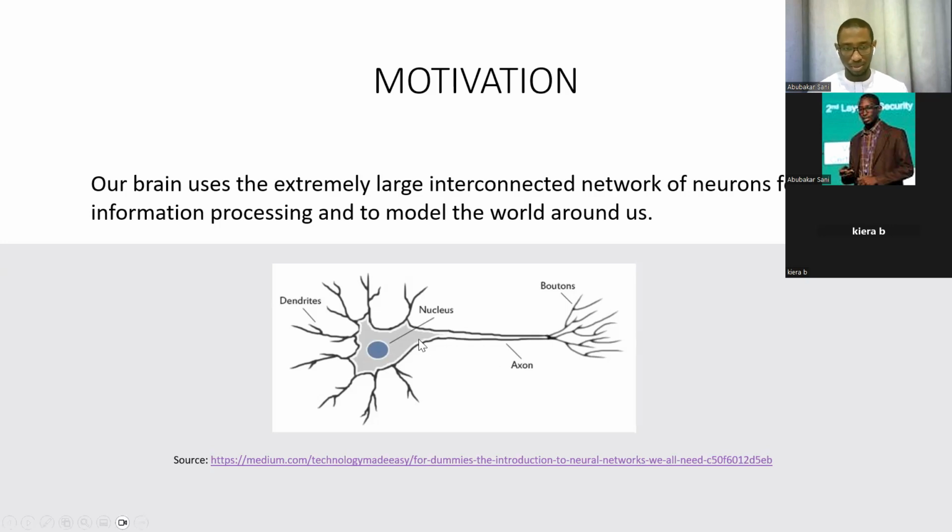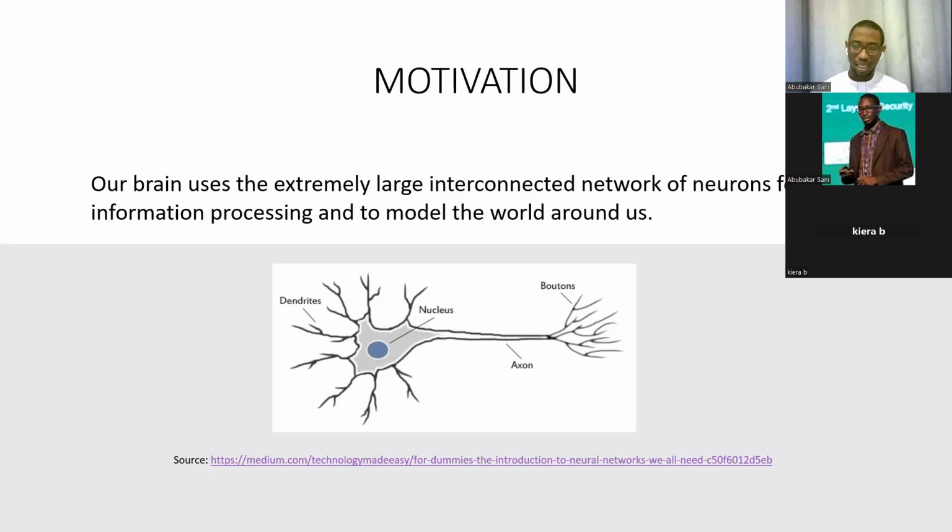Neurons are the cells in the brain. For example, in a single brain cell, you have what we call the dendrites, the nucleus, the axon, and the boutons. The dendrites are the elements that receive signals from other neurons. Then the nucleus determines, once it receives these signals, whether it is going to fire and send that signal across, or neglect and dump that signal.